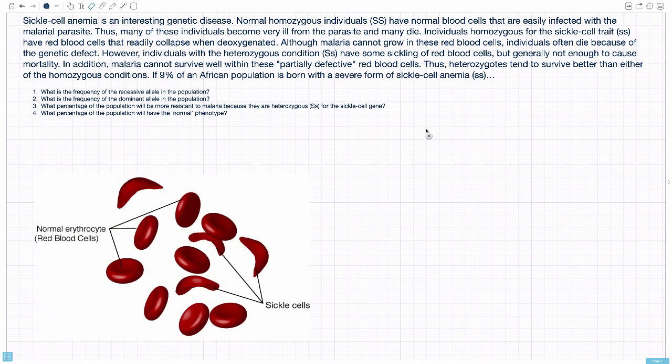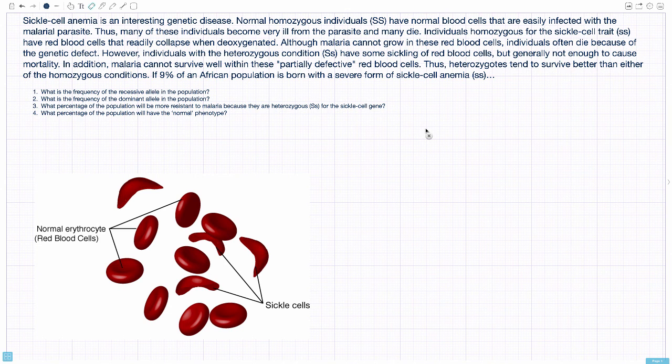familiar with. And you can read here, but basically, this problem is giving a little bit of background that normal individuals have normal blood cells. These are homozygous dominant individuals, so that's what they mean by normal.